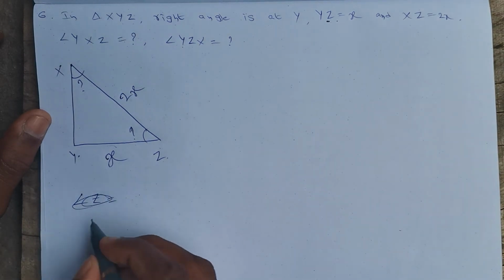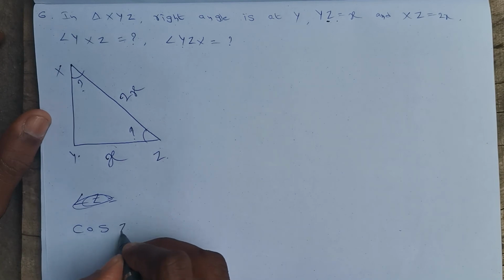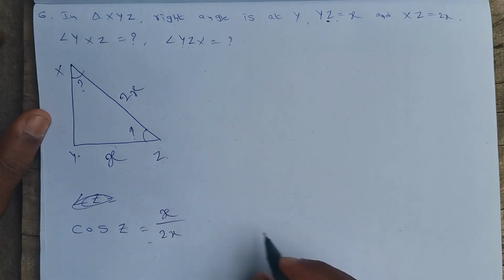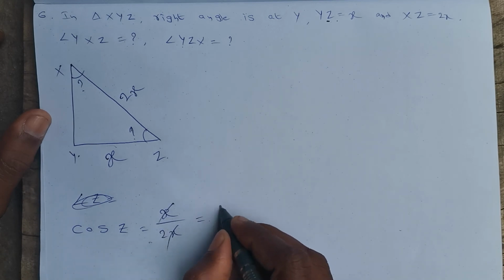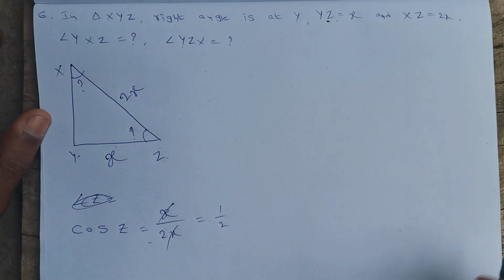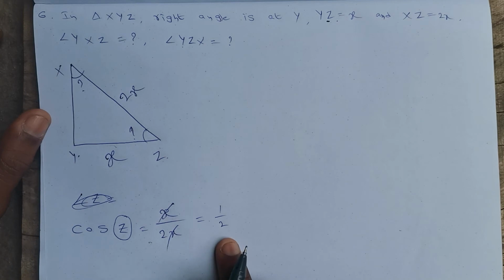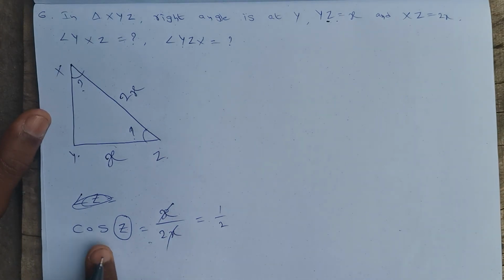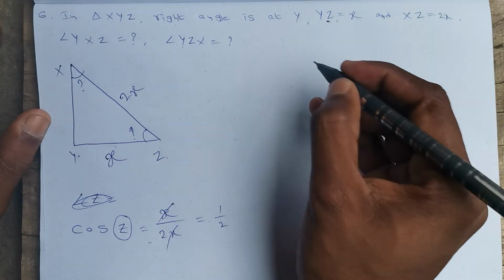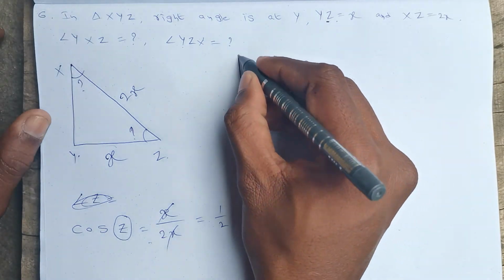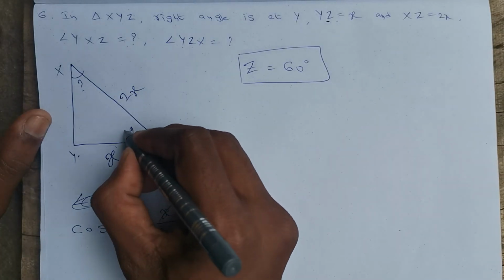So cos Z is equals to adjacent x, hypotenuse 2x. Here x will get cancelled, so we remain with 1 by 2. Cos Z is equals to 1 by 2. Cos of which angle will give the value as 1 by 2? It is 60 degrees. Cos 60 degrees is equals to 1 by 2. So that's why angle Z is equals to 60 degrees.